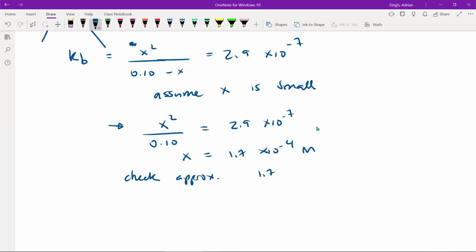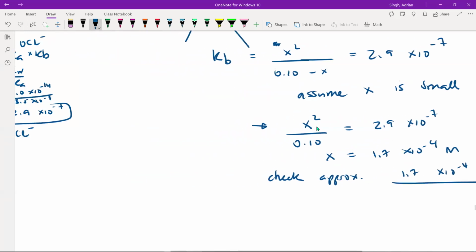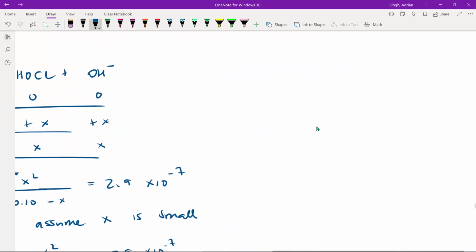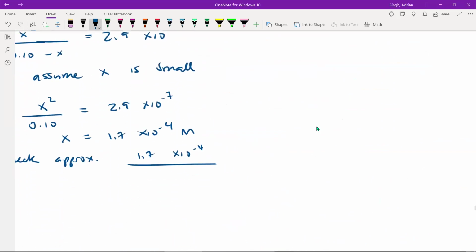So let's check the approximation. We have the 1.7 times 10 to the minus 4, and we divide that by the original concentration, which was 0.10, times 100.